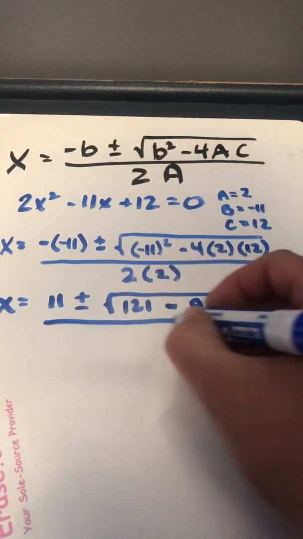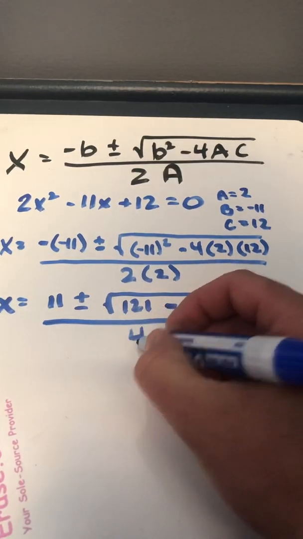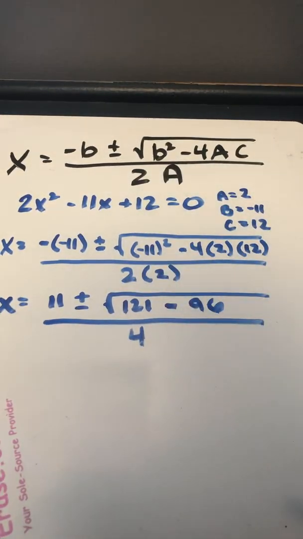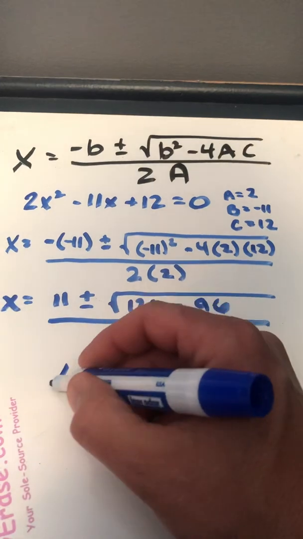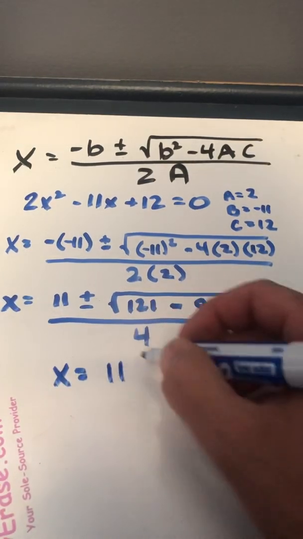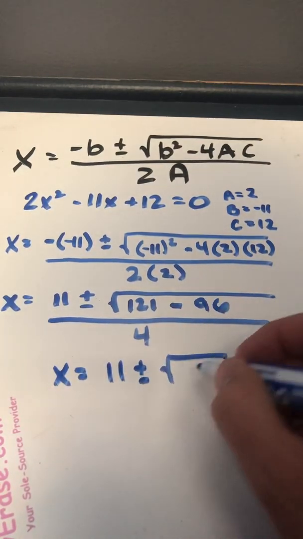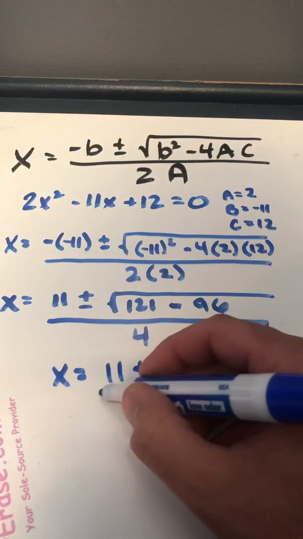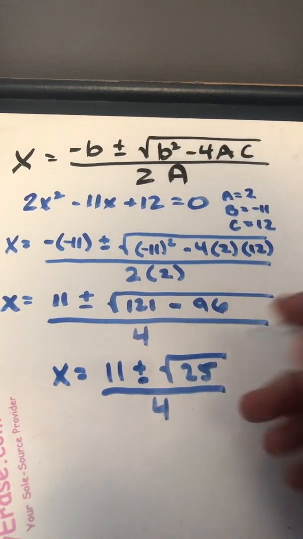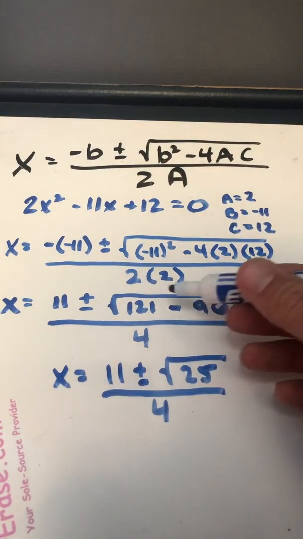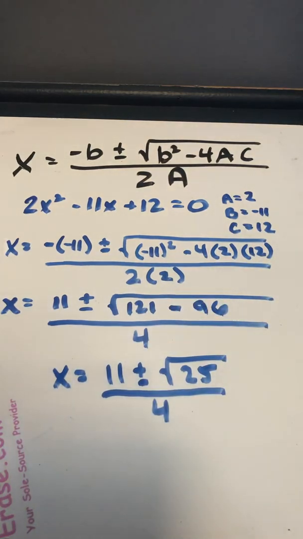All over 4, and that comes from 2 times 2. From here, we continue to simplify. X equals 11 plus or minus the square root of 25 all over 4. 25 comes from 121 minus 96.